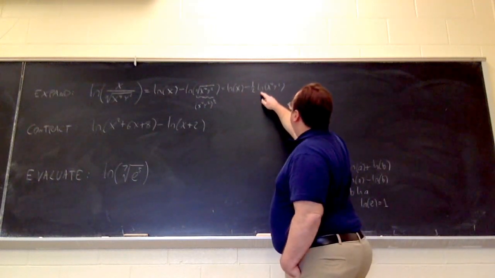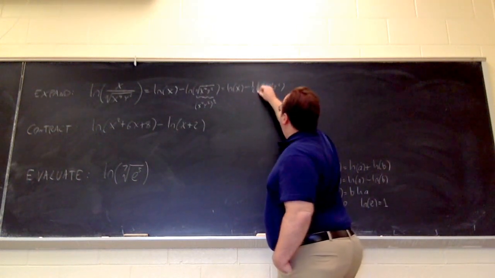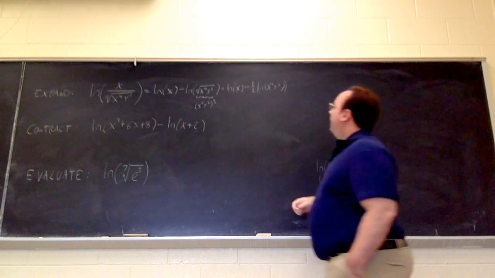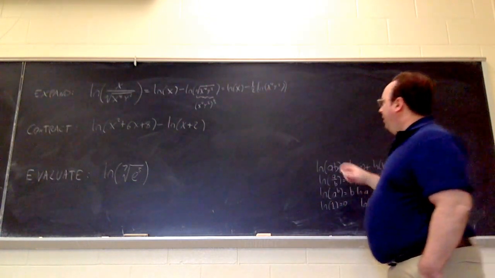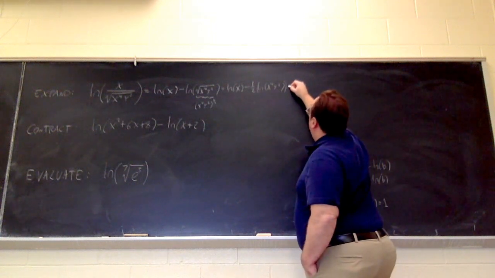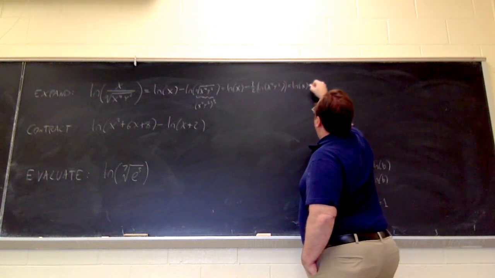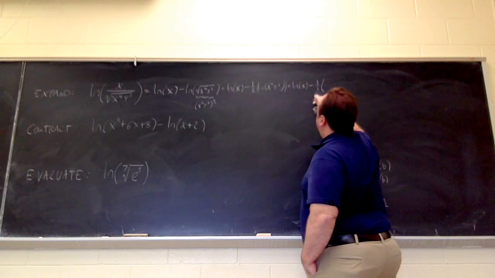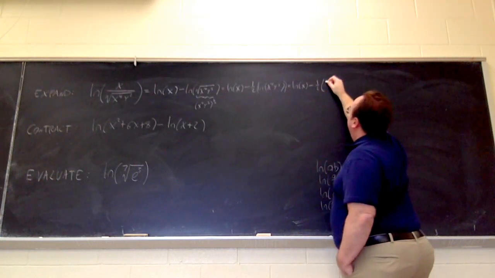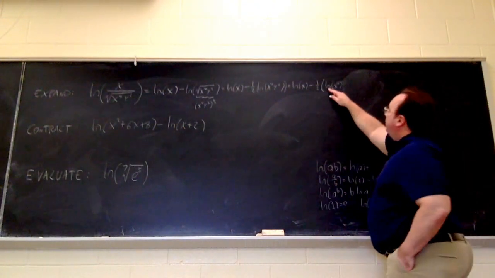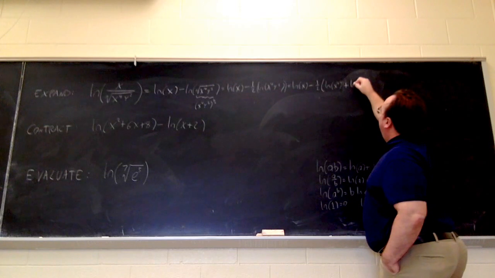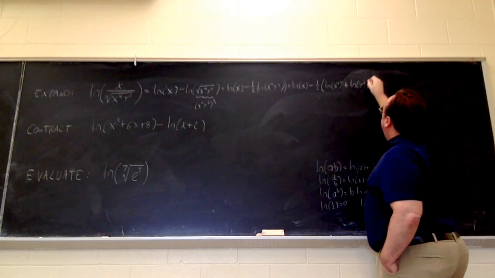Next, I can take natural log of x to the 4th y squared, and that's a log of a product, so I can write that as a sum of those logs. So I have ln x minus 1/2, and I'm using parentheses here, so be careful about that. Natural log of x to the 4th, plus natural log of y squared.